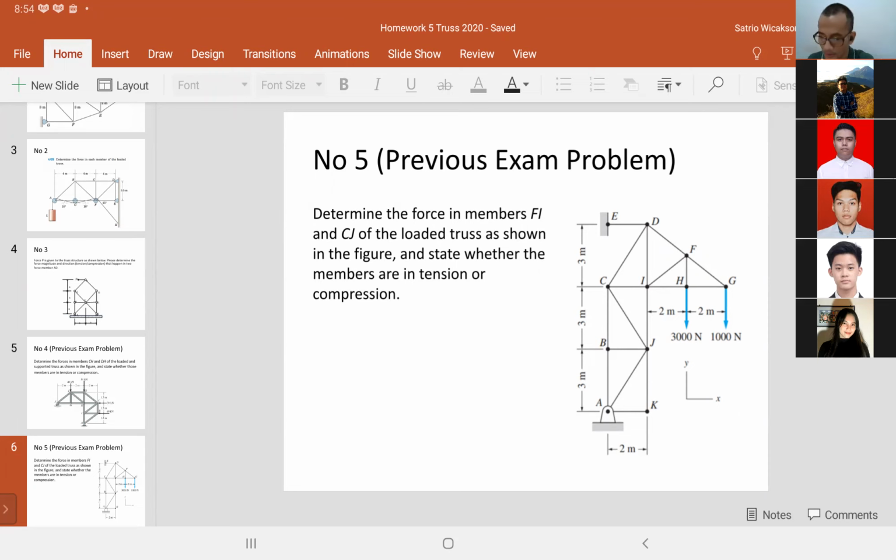So try your best to solve this homework by yourself, because in this homework I give several examples of previous exam problems. Okay, do you get it, guys?